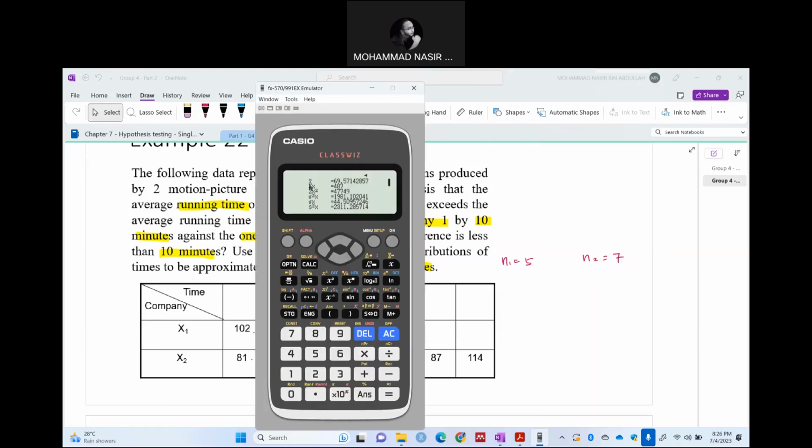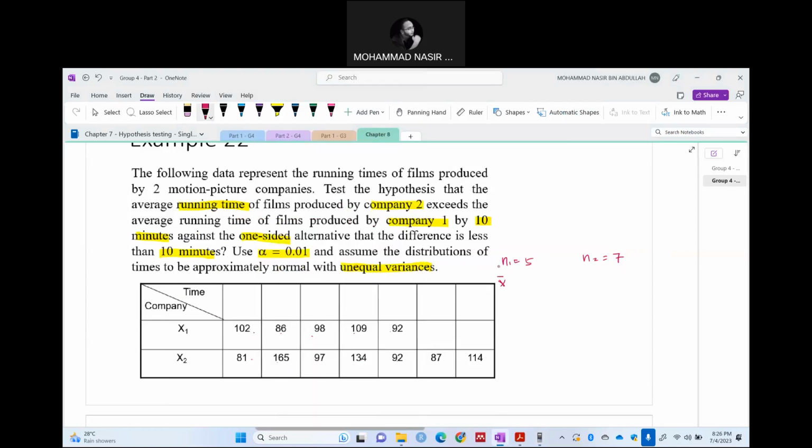So X is X1. X bar 1 is equal to 69. Is it 69?